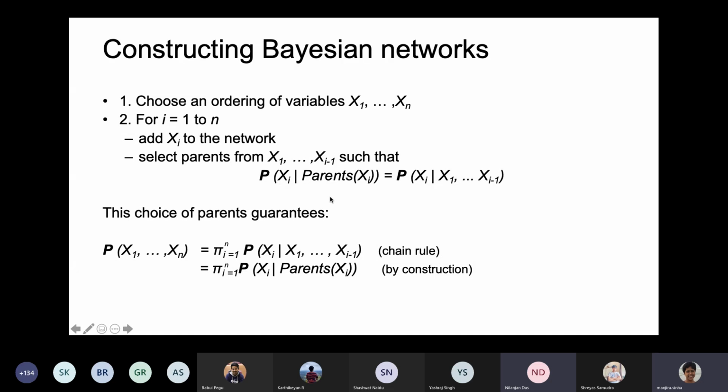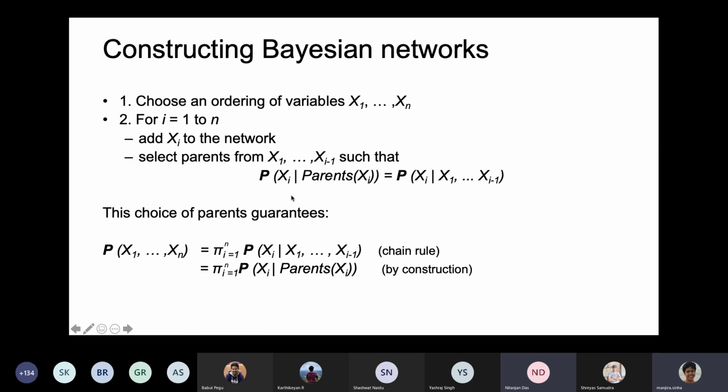So how do I select the parents for x4 from the set x1 to xi minus 1, that is x1 to x3, such that the probability of x4 given the parents of x4 is equal to the probability of x4 given x1, x2 and x3, because that is my objective, right?